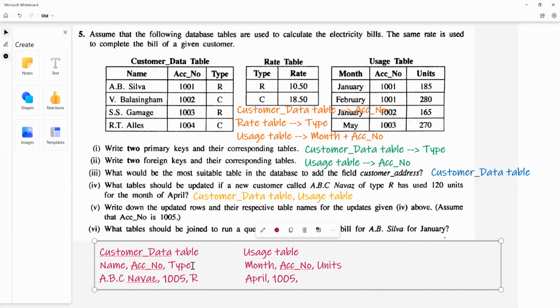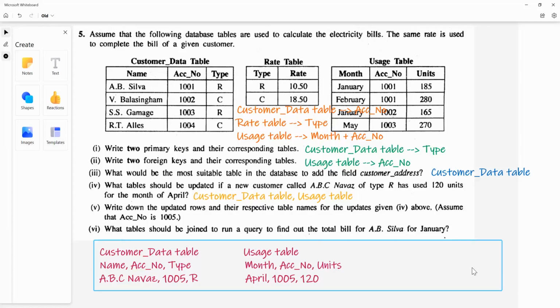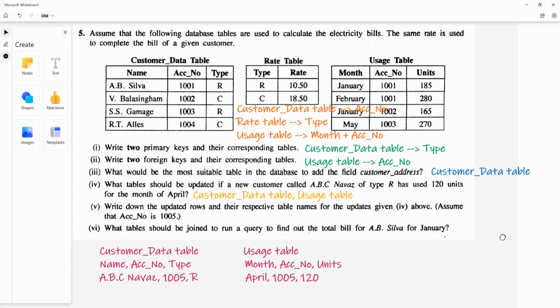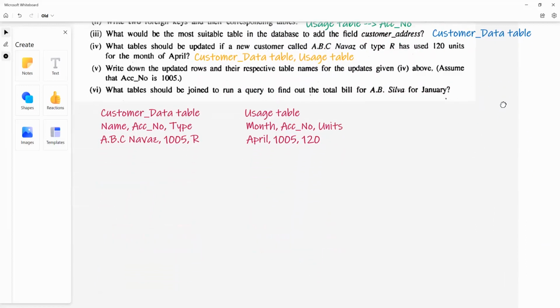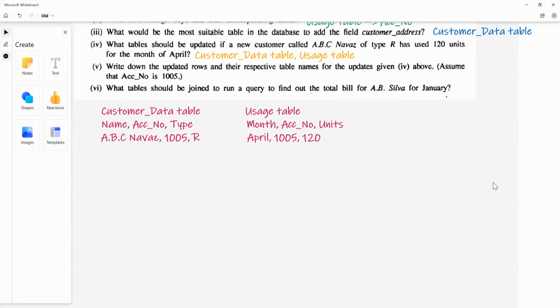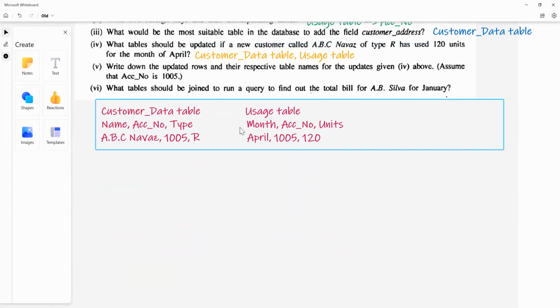The number of units? 120. Yeah, it should be 120. Good. So that's all. So this is the answer for the 5th one.